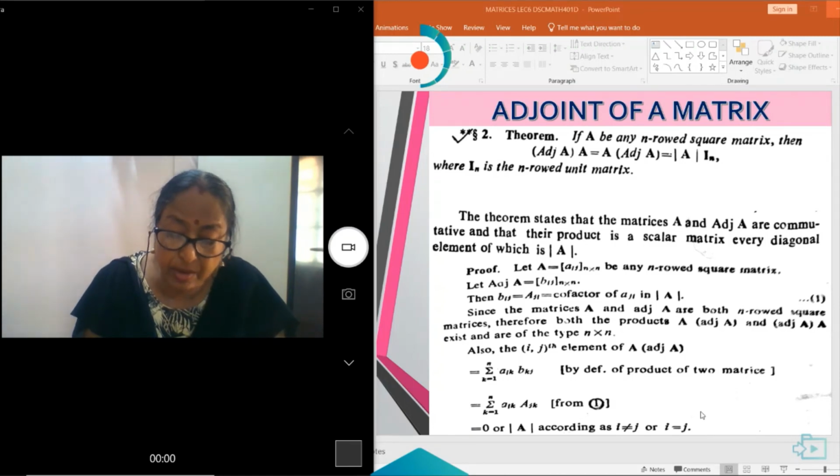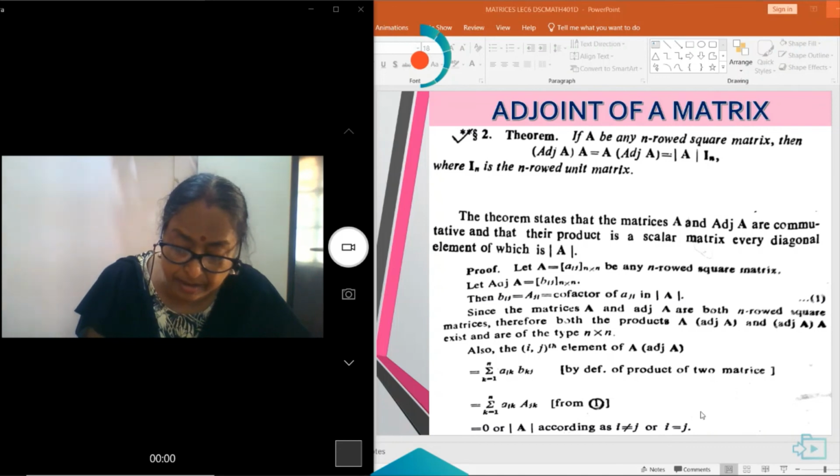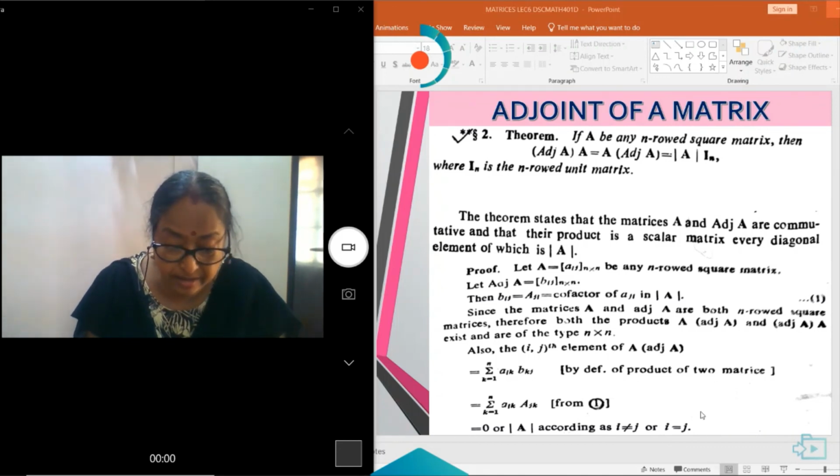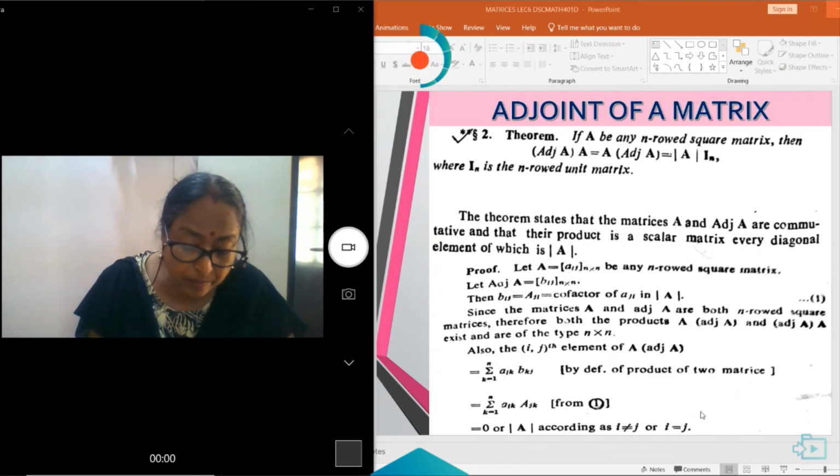So this is equal to 0 when i is not equal to j and is equal to determinant A when i is equal to j. Therefore, the ijth element of A into adjoint A is equal to determinant of A if i is equal to j and is equal to 0 if i is not equal to j.